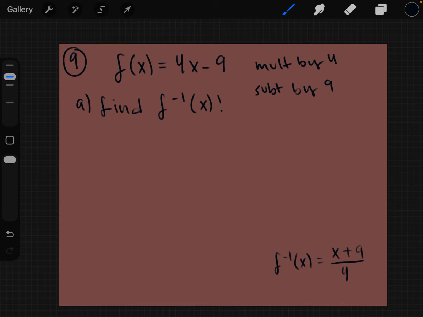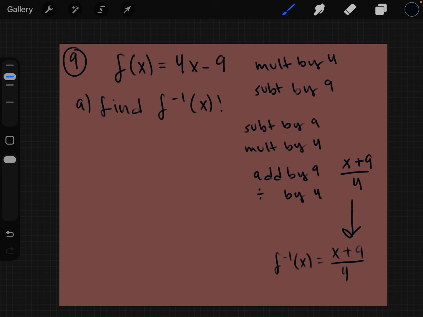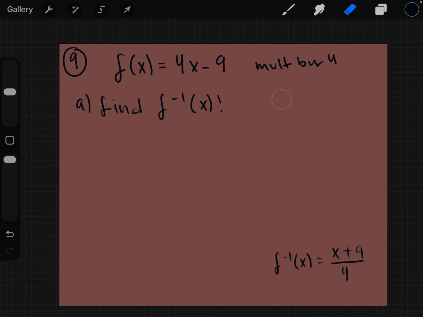So you would just flip it. So if we flipped it, we would do subtract by 9 and then multiply by 4, and then you do the opposite. So you add by 9 and divide by 4. So if we did x, we added 9 and then divided by 4. Wow, look at that. It's the same thing. But that only works when they're not fractions or radicals or all that other stuff.